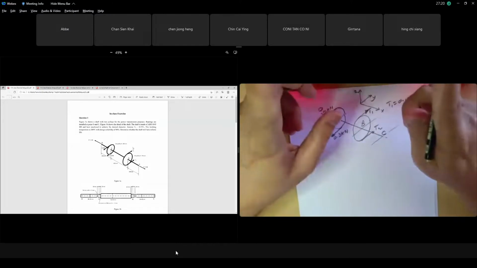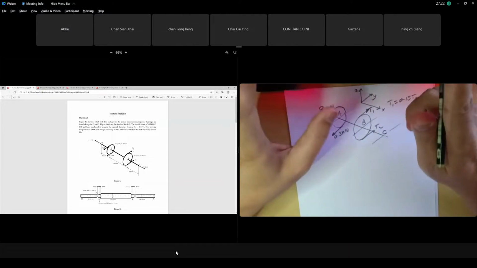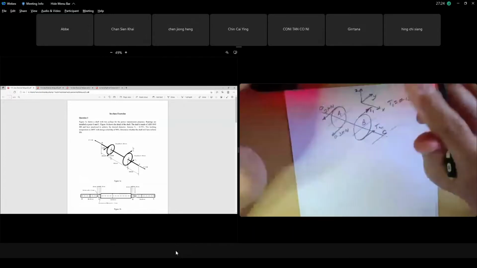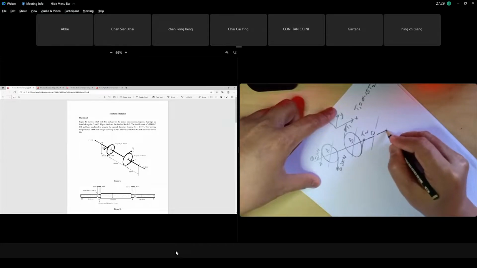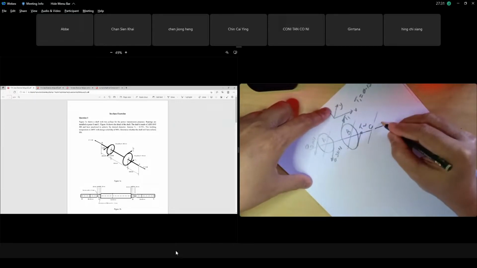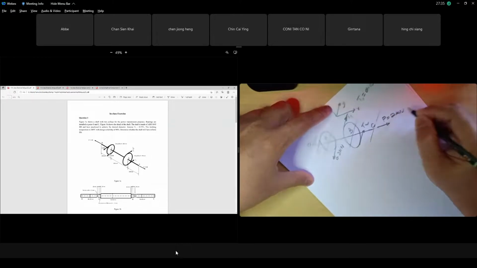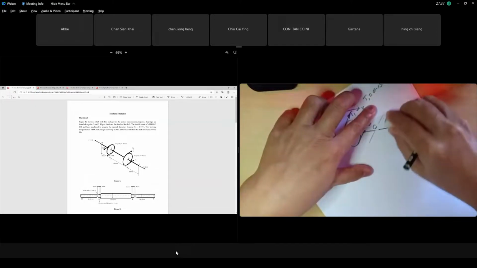Be careful. This shaft is not the normal case, as it has an external load. This shaft has an external axial force, P, which is 2 kilonewton. Let's call it F, force.